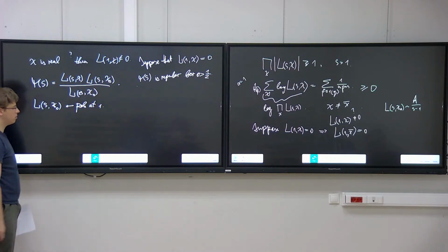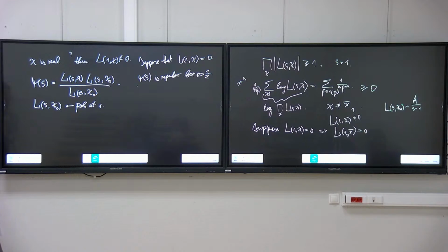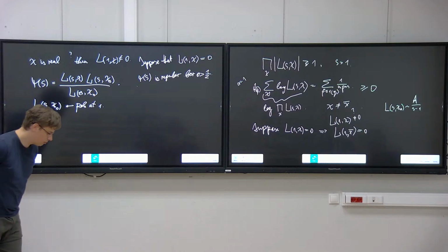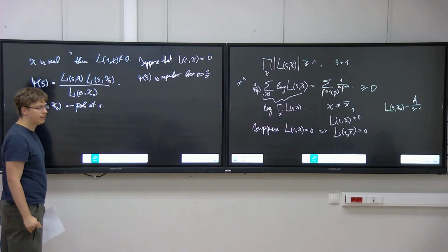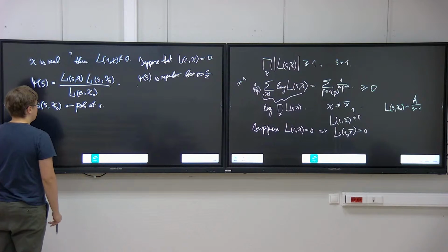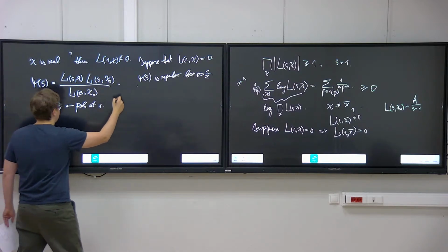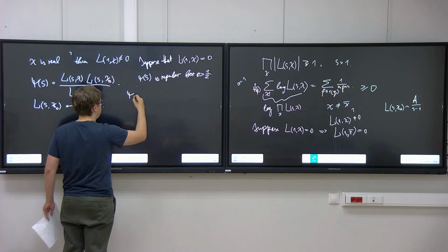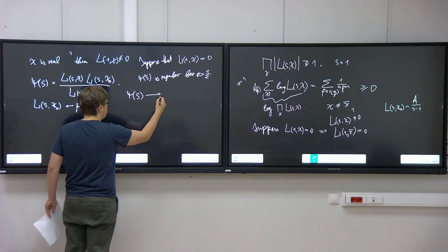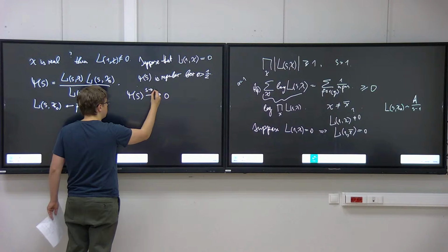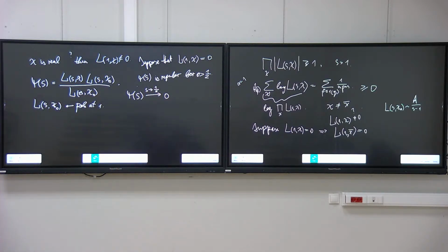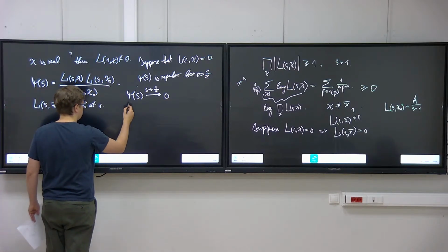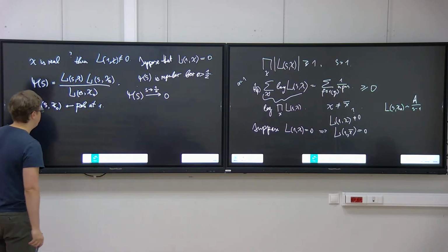So this is regular, and now such a fact: psi of s tends to 0 if s tends to 1/2. Why? The fact is that psi at 1/2 is 0. Why is it true?